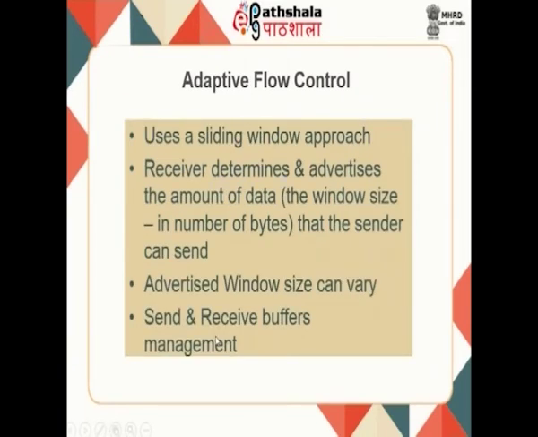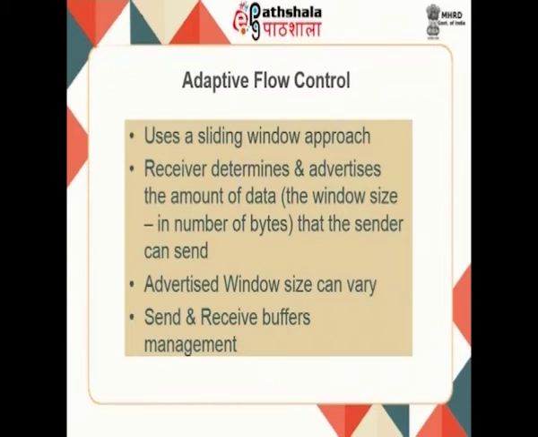What TCP does is that it uses a sliding window approach, and it uses what is called an adaptive flow control mechanism. Now, we will see where this adaptivity comes from. Okay. This adaptivity basically comes from the fact that the receiver constantly determines and advertises the amount of data that the sender can actually send.